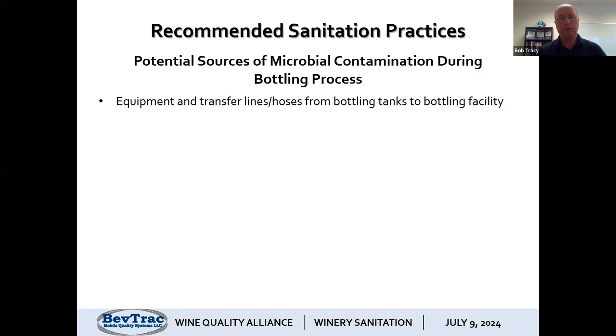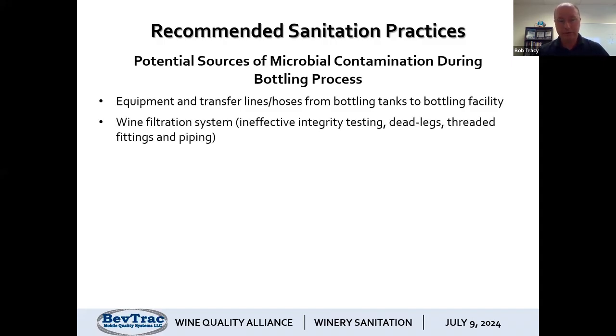So you want to make sure that the equipment and transfer lines and hoses from your bottling tanks to the bottling facility or bottling truck are actually cleaned and sanitized properly. Because I've found a lot of contamination in those, and I know that has directly led to contamination in the product. Because they either weren't filtering their product or they had such a high load of microbes in the wine that it overwhelmed the filtration system.